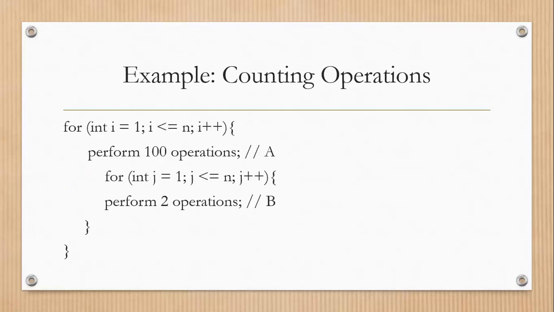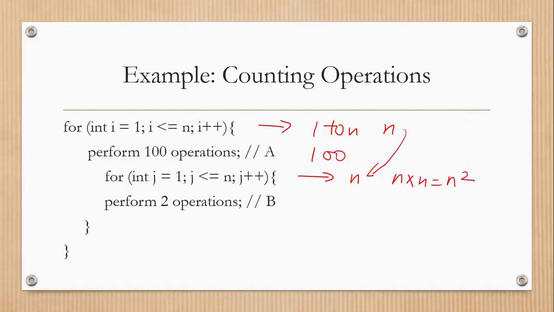For example, we have an outer for loop which runs from i equal to 1 to n, that is a total of n iterations, and in this for loop we are performing 100 operations. Next we have an inner loop which again runs n times. So the total number of iterations for this inner loop will be n into n, that is n square.